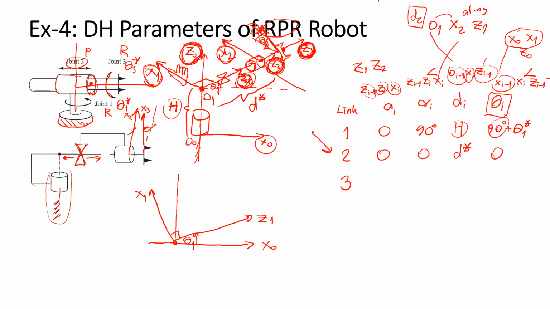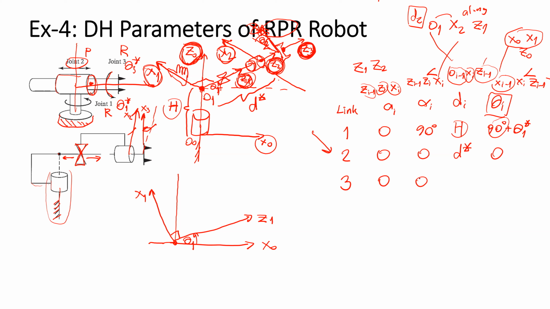If you find the link length between C2 and C3, the length will be 0 because C2 and C3 are on the same axis. If you find the link twist, the twist is also 0 because C2 and C3 have the same direction.